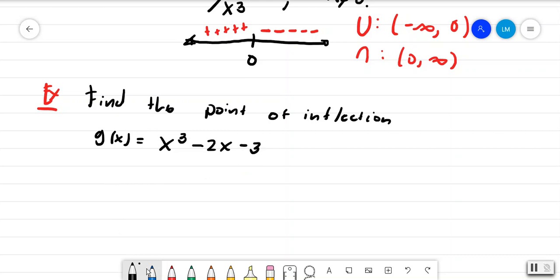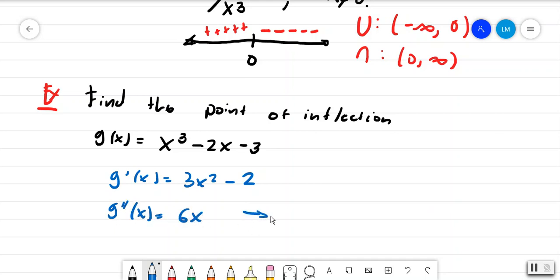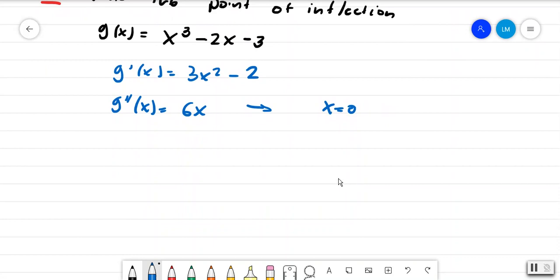Now, we just need to find the first derivative. The first derivative is 3x squared minus 2. Then from here, we take the second, which is just 6x. That tells me that x has to be equal to 0. Why? Because remember that when you set it to 0, that's where it's going to give you an inflection point.